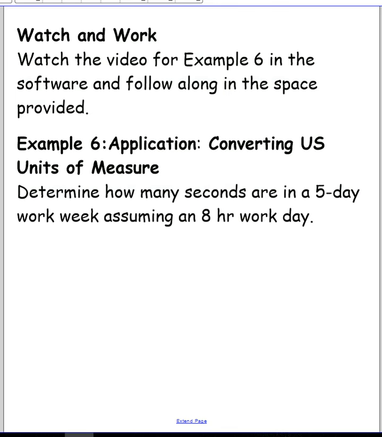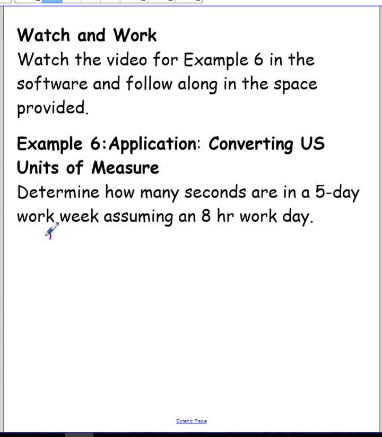So for our first example, we're going to figure out how many seconds there are in a 5-day work week, assuming an 8-hour day. We don't really need to set up a unit fraction to figure out how many hours there are in a 5-day work week when we're working with 8 hours per day.